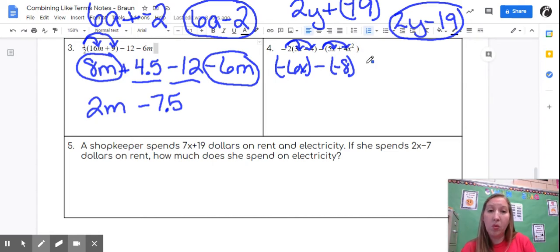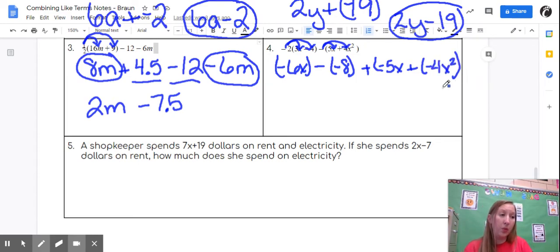And I'm doing negative 1 times 5x, so this is now going to be negative 5x. And I'm doing negative 1 times 4x squared, which would be plus negative 4x squared.